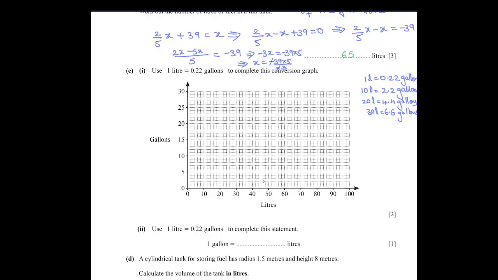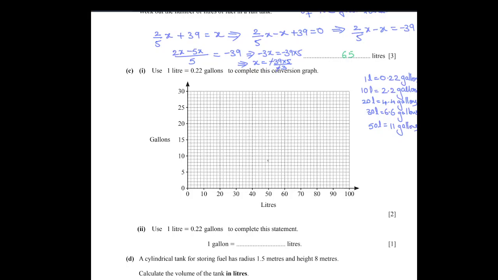Now on the vertical axis, from 0 to 5 and 0 to 10, this is one box, so one box is one number. We got a whole number when we did 50 liters as 11 gallons, so 50 we will mark at 11.